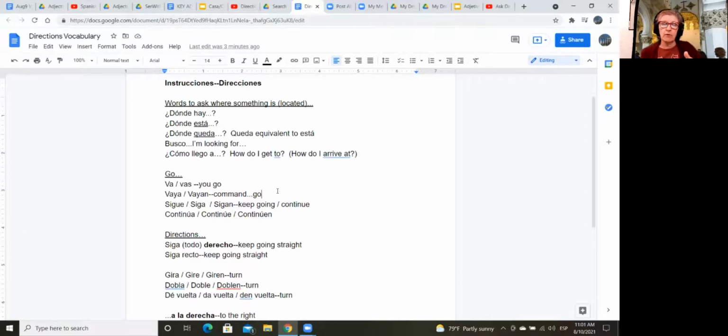And the keep going word is sigue or siga or sigan. Sigue is the friendly keep going. Siga is the formal, gee, I don't know you from Adam, the formal keep going. And sigan is if they're talking to more than one of you, keep going.